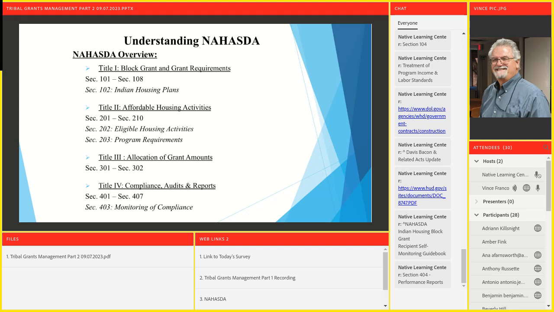What that means is the legislation says that if you're receiving block grants, in particular IHBG, Indian Housing Block Grant, you know that you have to do an IHP at the beginning of the year, Indian Housing Plan, and at the end of the year you've got to do the APR, Annual Performance Report, and now we know we've got to put that self-monitoring with it, right? Section 404 talks about public access to that information.